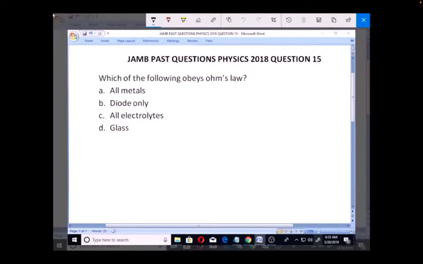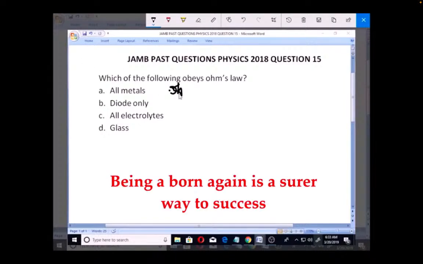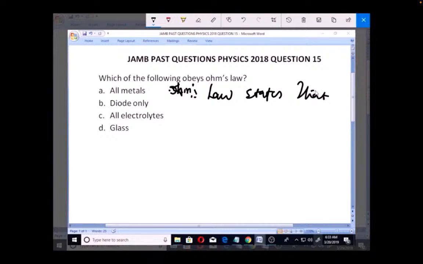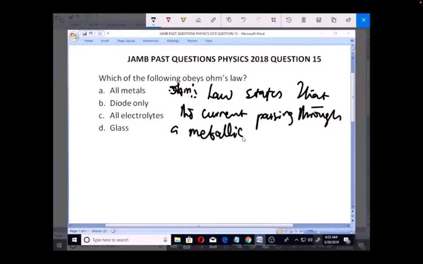And what is the statement of this Ohm's law? In order for us to get this well, we need to note the statement of this Ohm's law. And what does it state? Ohm's law states that the current passing through a metallic conductor, you see why I say it has to do with metals.